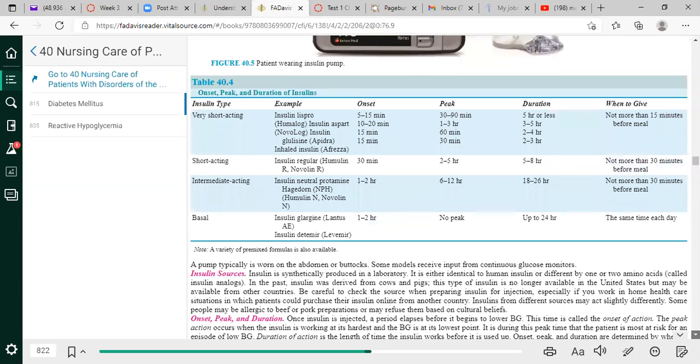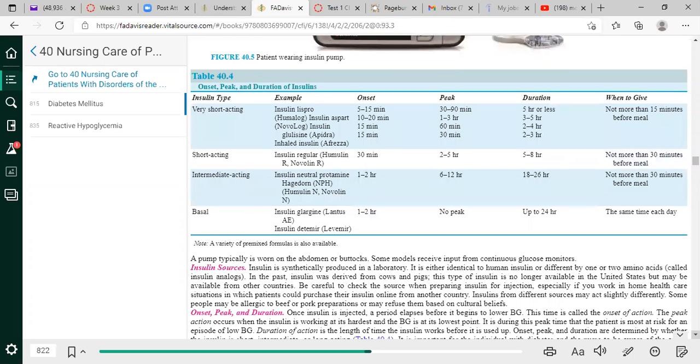And right here it's talking about different types of insulin. And this is what you all will be administering as future nurses. These medications, you need to understand. It talks about the onset of insulin, insulin peaking, and the duration of insulin. The onset is, when I give you this injection, how long is it going to take to work?